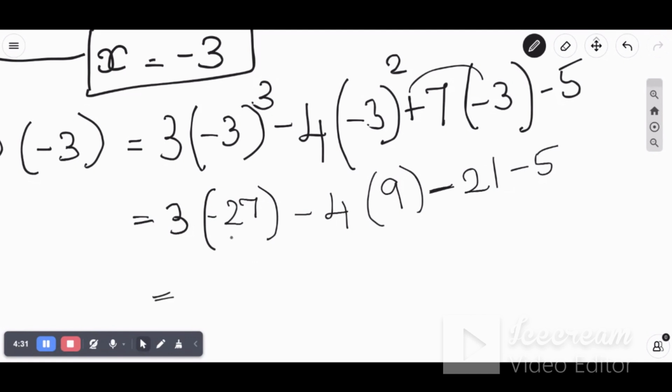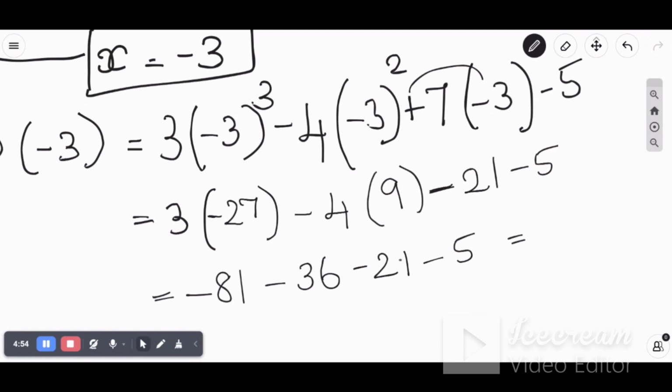So now let us simplify this. Put your symbol first. And 27 into 3. I know it, so I am writing it 81. If you want, find it by multiplication. Then 4 9s are 36, and your minus 21 and your minus 5.